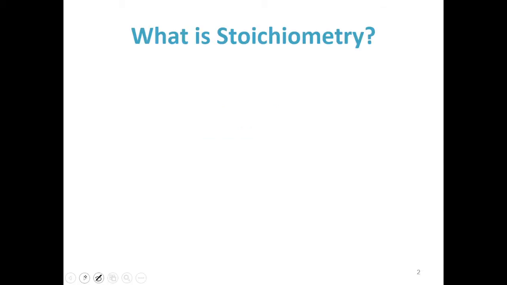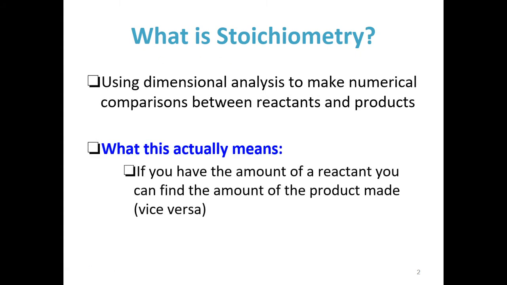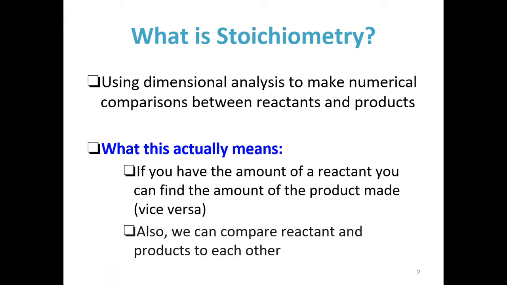Okay, so stoichiometry, I told you that it was dimensional analysis. What this actually means is, let's say you have the amount of a reactant, okay? Like, let's say I have a reaction where water is being made, so hydrogen plus oxygen make water, right? That's a synthesis reaction. We talked about that before.